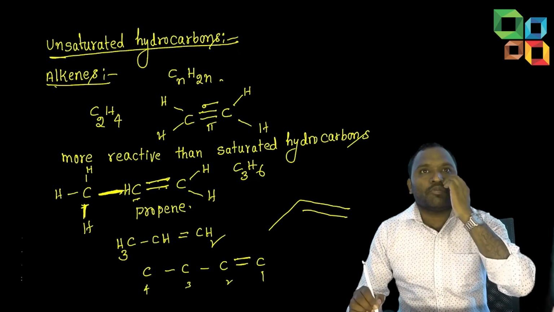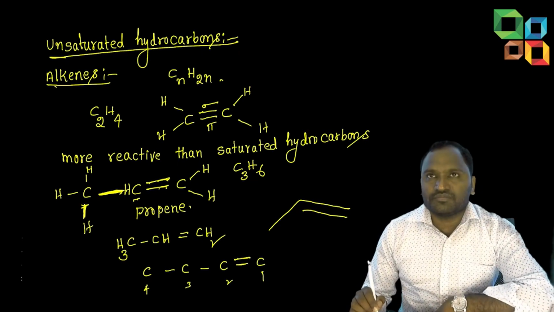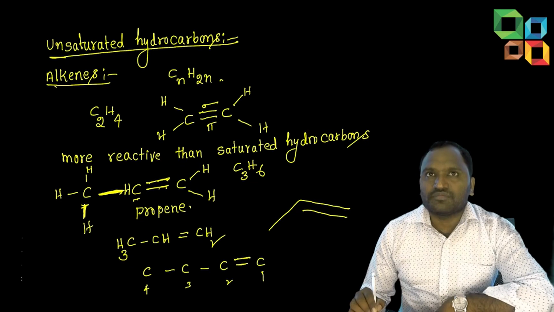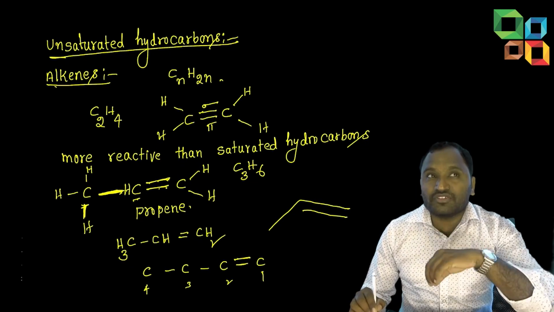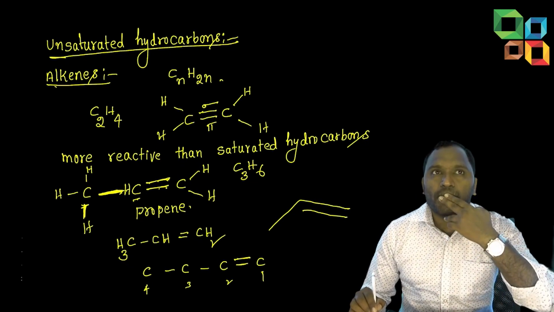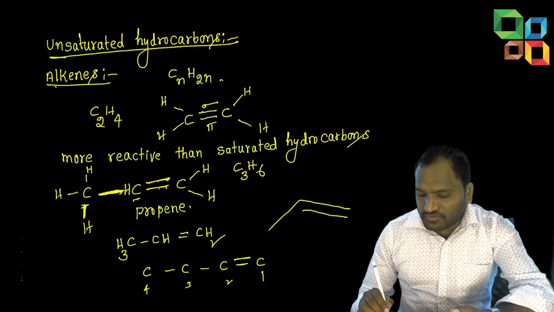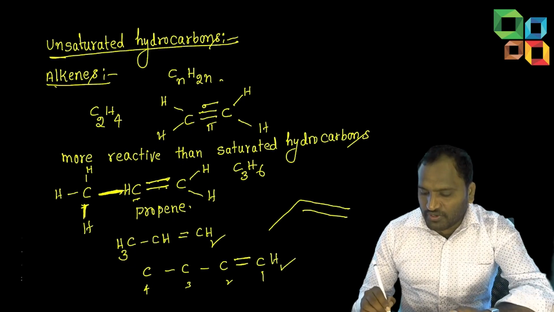For the first carbon, how many hydrogens do I have to keep? 2 hydrogens. Already 2 bonds are there, no? 2 hydrogens you have to keep, so that the balance will be 4.